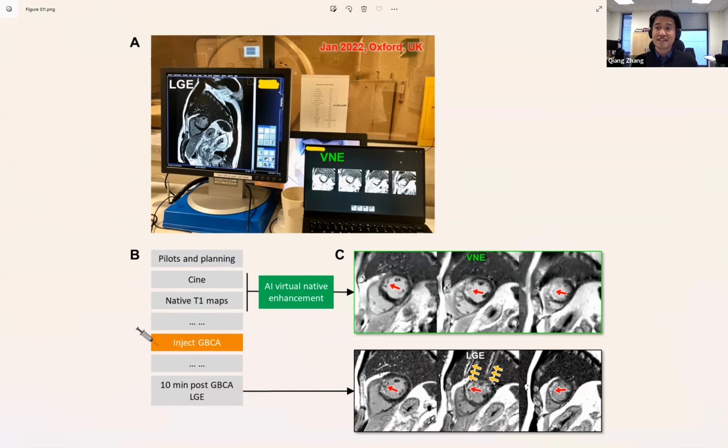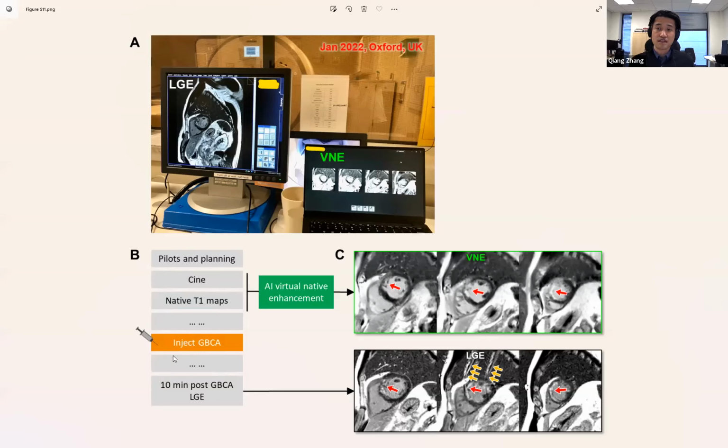We sit in the scanner room with this laptop, and while the patient is doing this routine CMR scan, as soon as we acquired the cine and the pre-contrast T1 maps, we obtained the data set and calculated the alternative enhancement images with our method, and it reveals a clear infarct scar in the LAD territory.